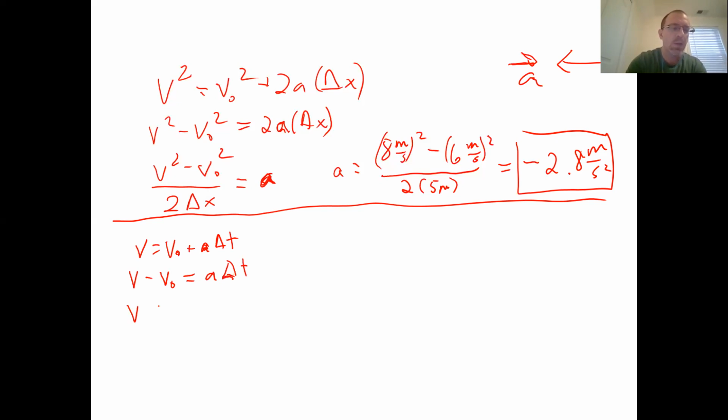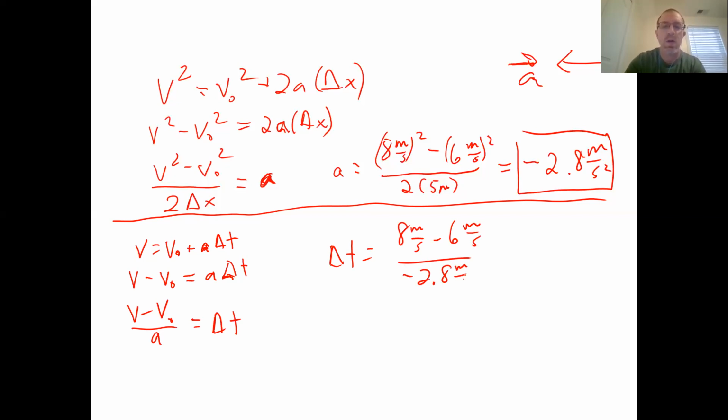And then we end up getting v minus v naught over a is equal to delta t. And so let's plug in some values there. Delta t is equal to 6 meters per second minus 8 meters per second divided by negative 2.8 meters per second squared. When we punch all that into a calculator, we get the result that this is 0.714 seconds, which is how long it takes her to cross.